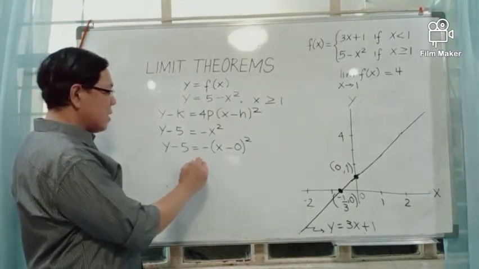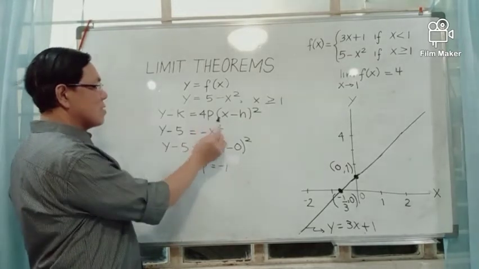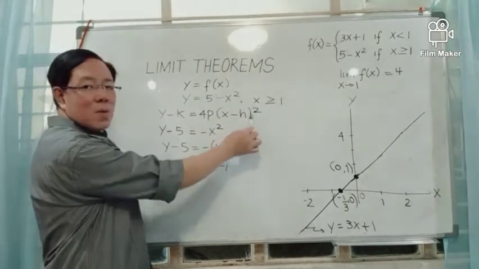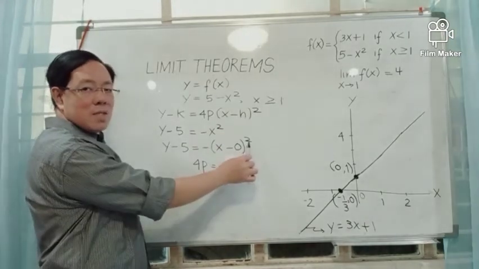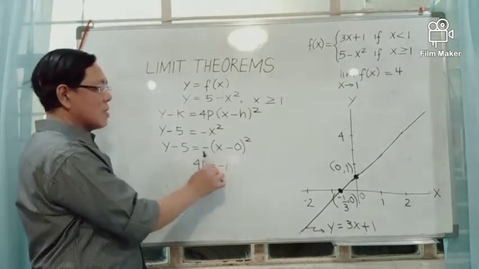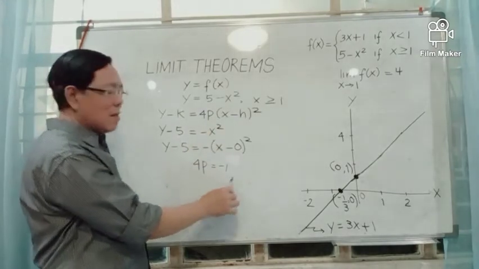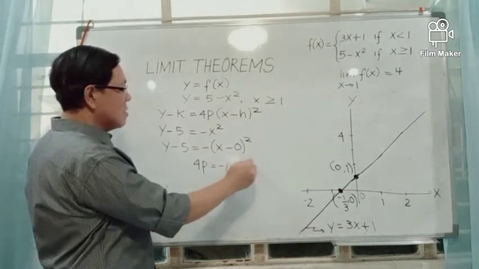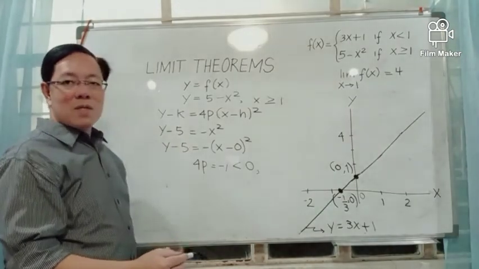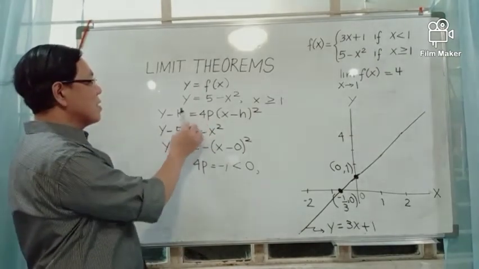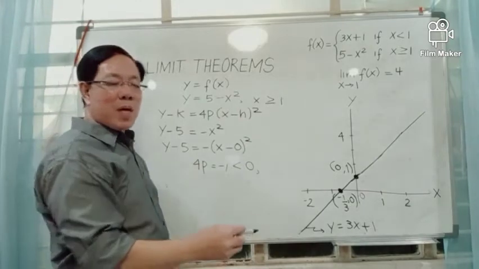We write 4p equals negative 1. 4p is the coefficient of the quantity square of x minus h. And the coefficient of the square of x minus 0 is negative 1. Hence, 4p equals negative 1, and negative 1 is less than 0. Therefore, the graph of this quadratic equation in x is a parabola that opens downward.